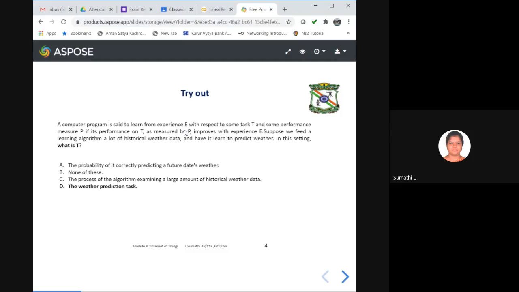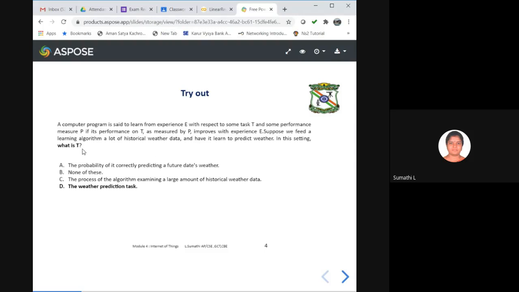It learns from experience for some specific task T, and to measure the performance you use some measurement to assess it. For example, as you have your assignments, quizzes, and midterm assessment, you should have some performance measure to assess the experience, right?